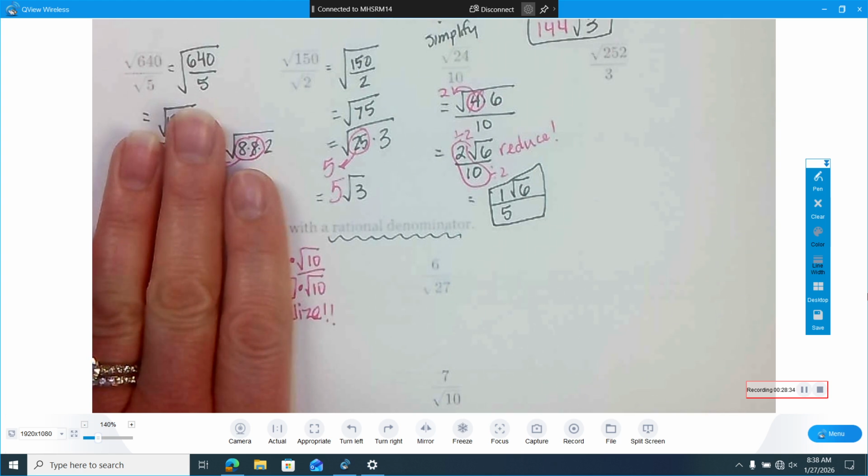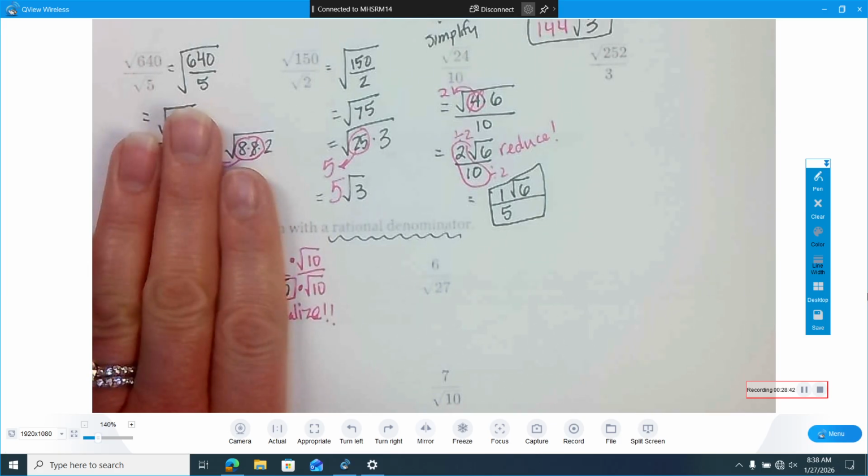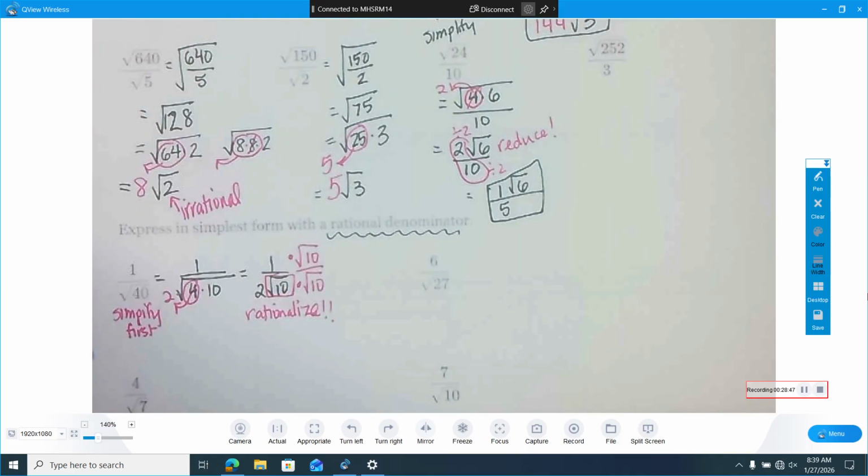What's 7 over 7? 1. What's 100 over 100? 1. What's radical 10 over radical 10? 1. Okay. So if I'm multiplying by what is effectively 1, have I changed the problem I started with? No, because I'm ultimately multiplying by 1. And this is the logic that all math should have, okay? I'm not changing it because I'm multiplying by 1.